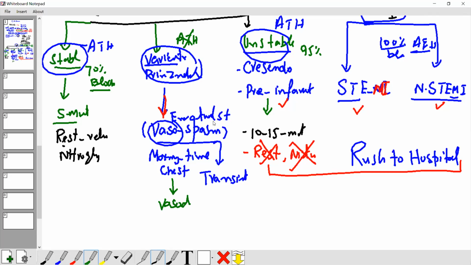You can see what happens here: spasm, vasoconstriction, so we need vasodilation. For Prinzmetal variant angina, vasodilation.